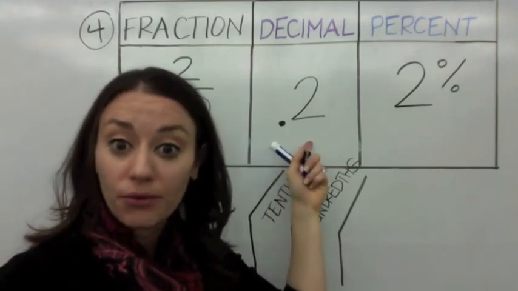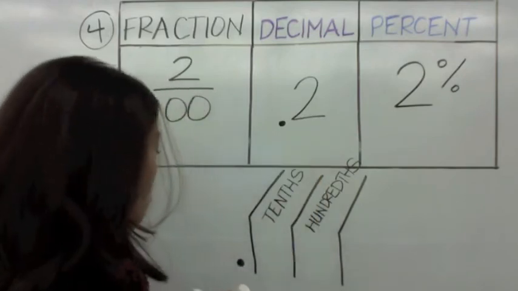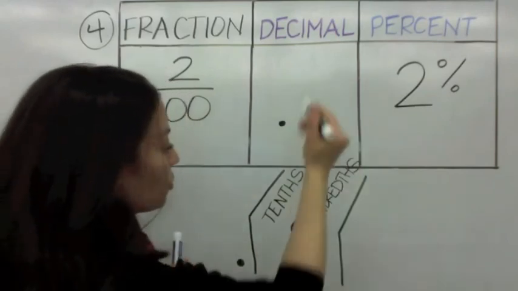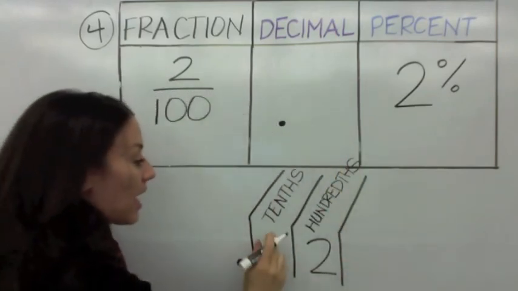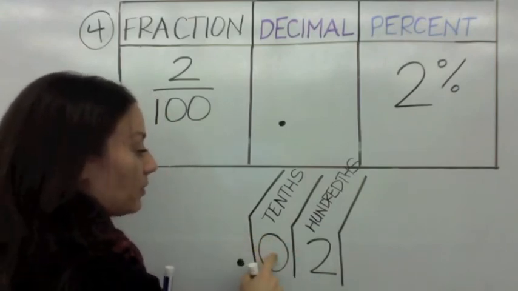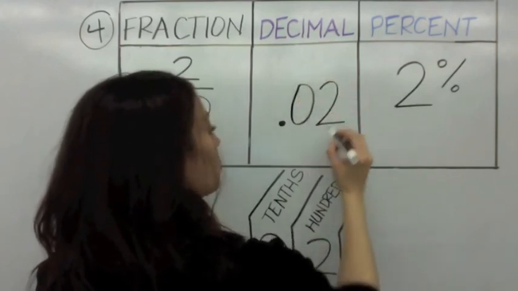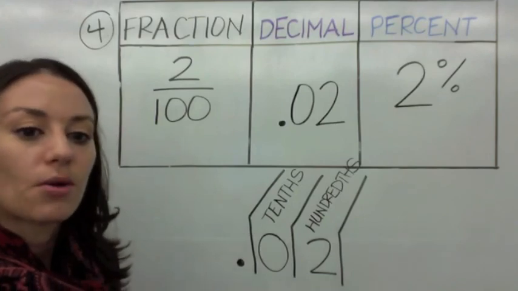That's completely different. This actually says 2/10ths or 20/100ths. So how do you make it say 2/100ths? Well, 2 has to be in the hundredths place. So what do you put in the tenths place? A 0. Very good. Okay, as a placeholder. So you're going to write it as decimal 0.02. Okay, that is 2% or 2/100ths. Go ahead and get that down.